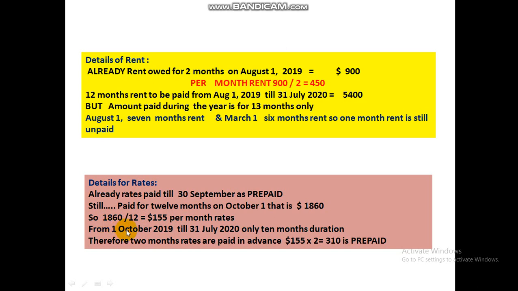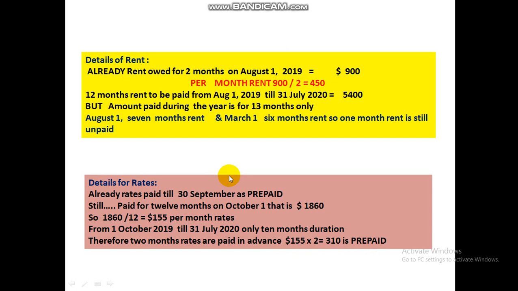If the rates are paid from October 1 till 31 July, only 10 months rates are required. But because the rates are paid for 12 months, 2 months amount is still prepaid, which should be shown as the balance brought down at the year end.